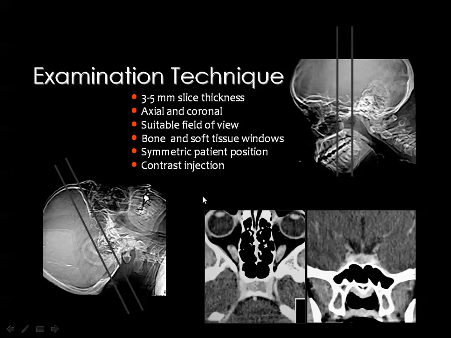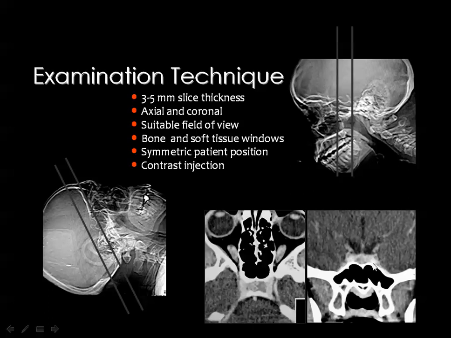Many times we need to inject the patient with intravenous contrast, and in most of the head and neck imaging we should ensure the symmetric position of the patient during scanning. This is an example of an axial image through the pituitary fossa, and this is the coronal image.